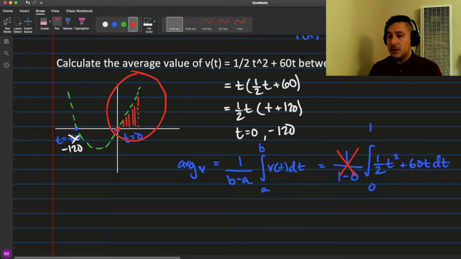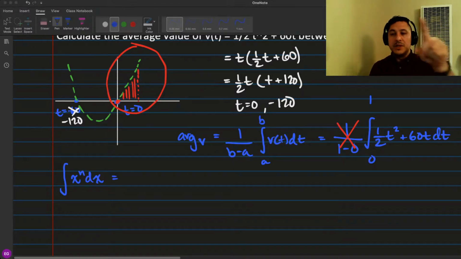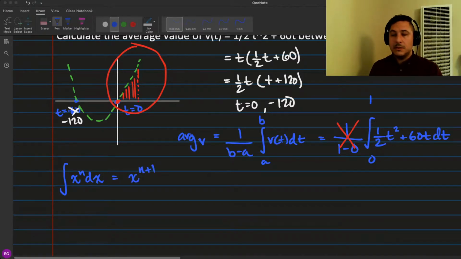Okay, so let's just do a quick little review of antiderivatives. Do we remember, if you're taking the antiderivative of x to the n, what do you get? Derivatives reduce the power by 1, so what do antiderivatives do? Increase the power by 1, so our new power will be x to the n plus 1, and then what else do I have to do? Divide by n plus 1.